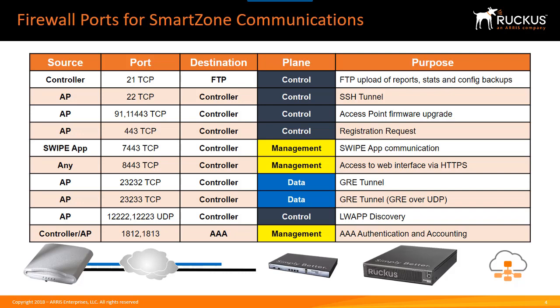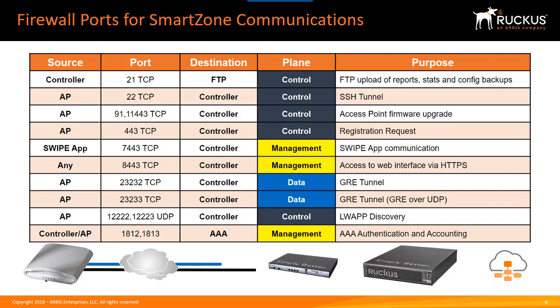We have a lot of different communications that go on, many control protocols that are used for the AP to communicate with the controller for things like uploads of reports and stats and configuration backups, for SSH tunnels, for firmware upgrades, for registration requests. We also have some management ports that need to be opened, and some of these are the defaults and some of these can be changed as well, but these are all the default ports that are used, including data plane protocols and ports.